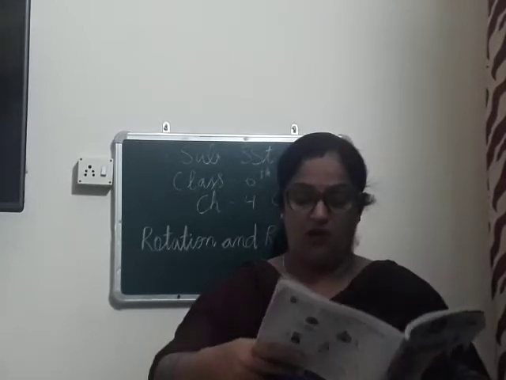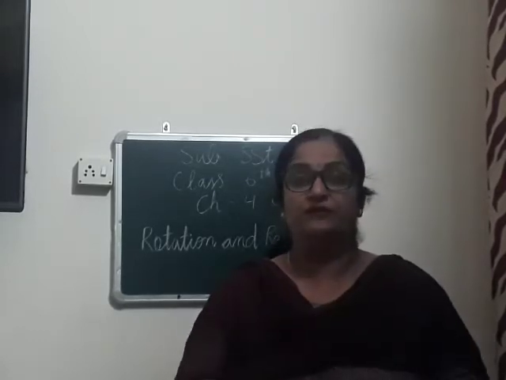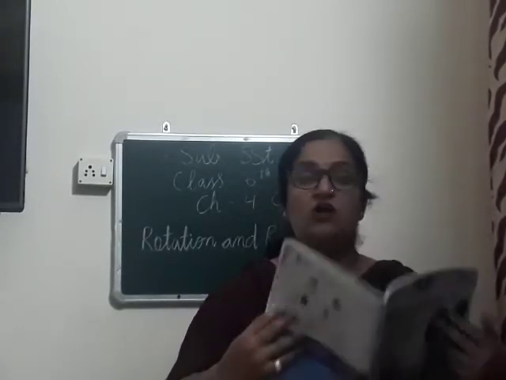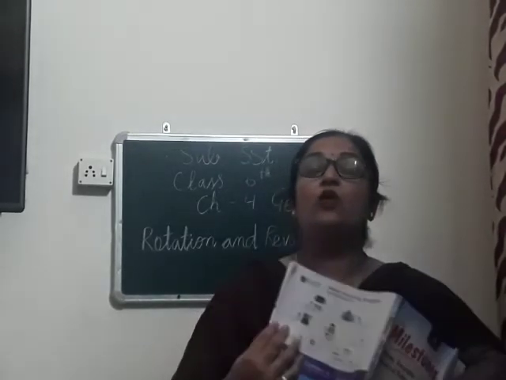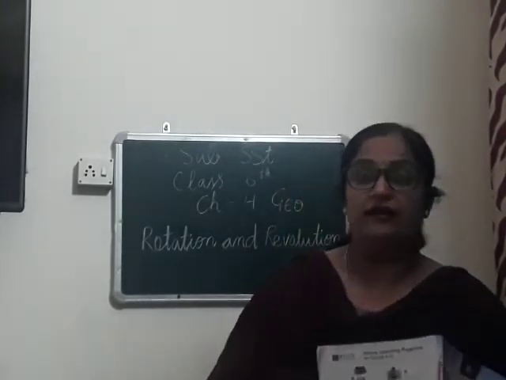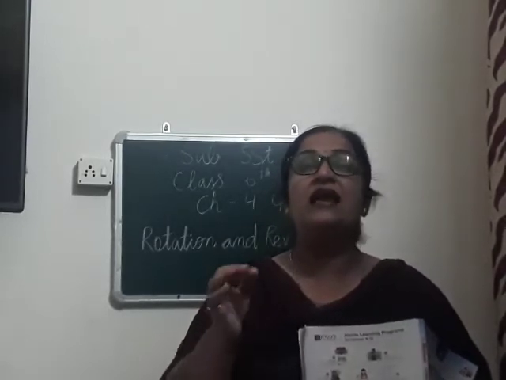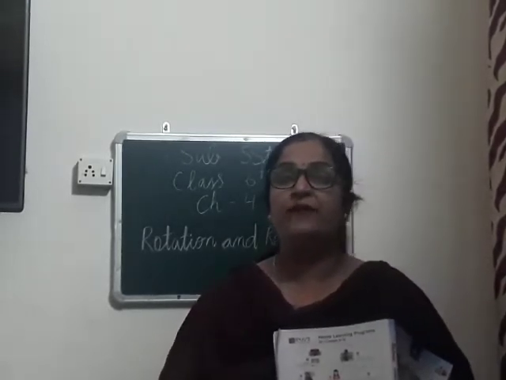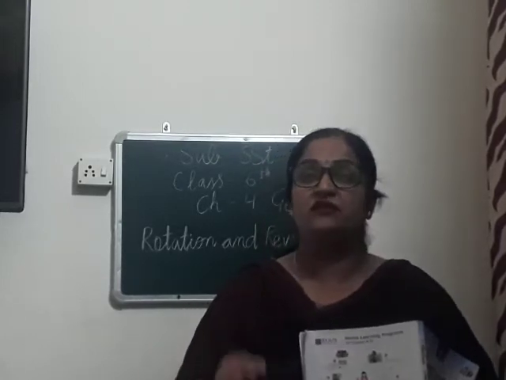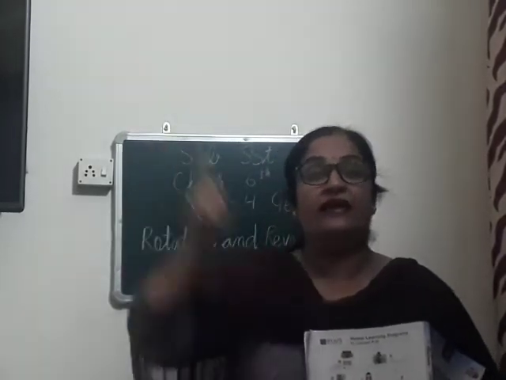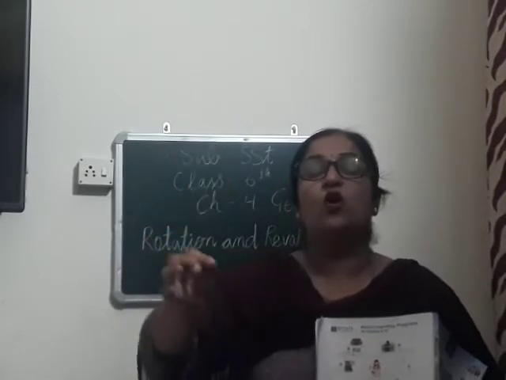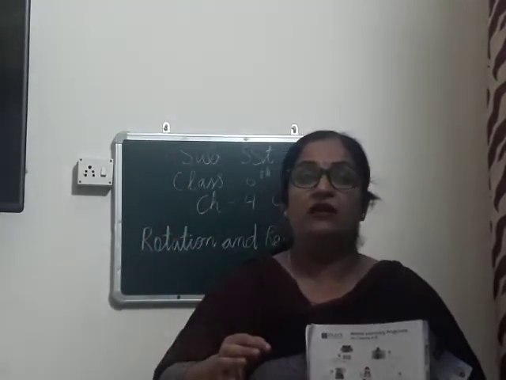Right. Now about equinox. Equinox means equal nights. Right. On March 21 and September 23, the rays of the sun pass vertically on the equator.